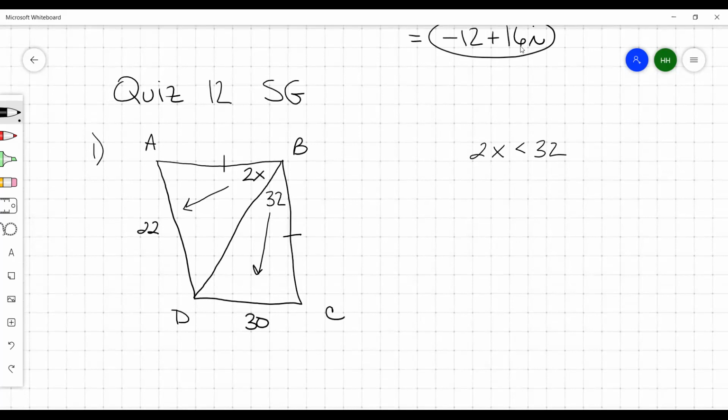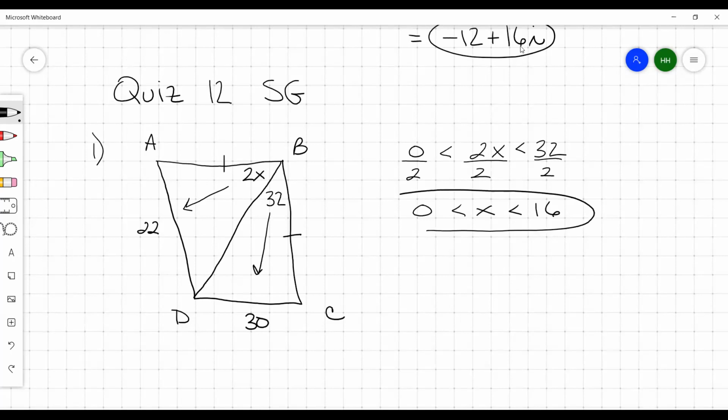But since you're finding a range of values, the 2x has to be greater than 0. So if you take this compound inequality and divide everything by 2, you get 0 is less than x, which is less than 16. There's your range.